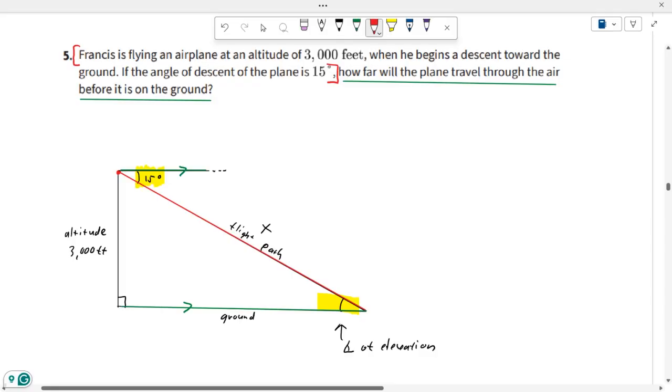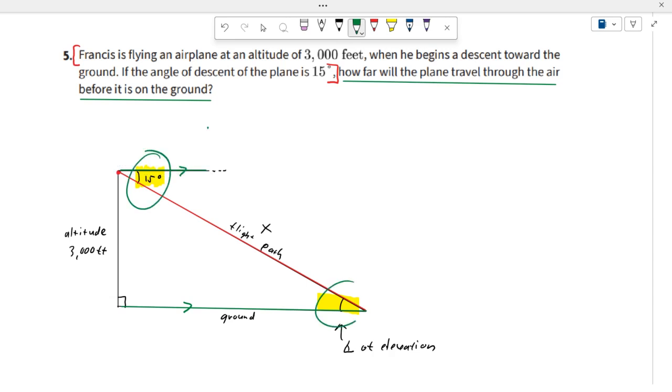Just like that. So what that means is this angle here and this angle here are what are called alternate interior angles. They're alternate because they're on different sides of the transversal. They're interior because they're on the inside of this figure here.